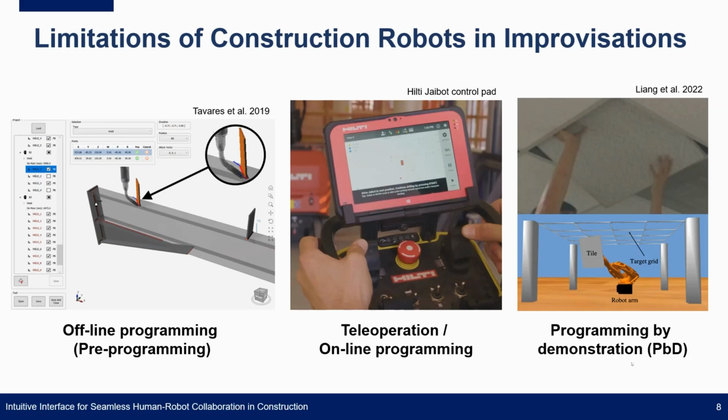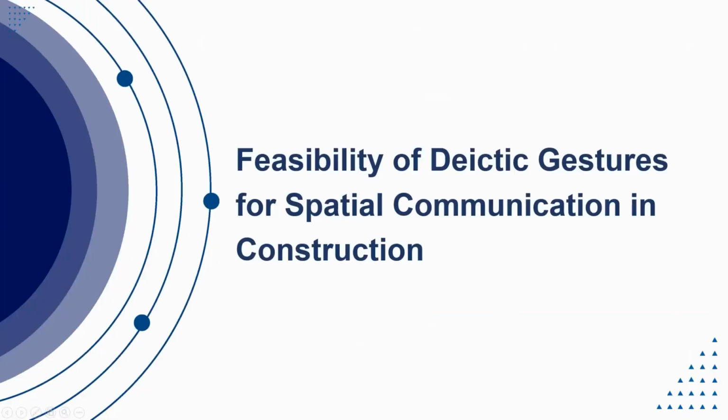So to summarize, these are the commonly used interfaces. They do have some advantages, but they also have limitations in terms of delivering in-situ improvisations. We wanted to address this challenge by exploring some alternative methods to deliver in-situ improvisations.